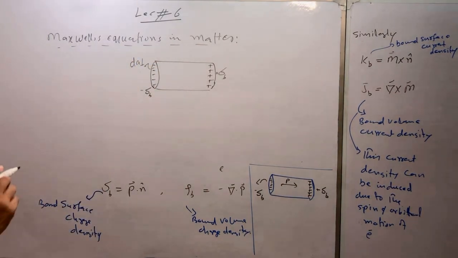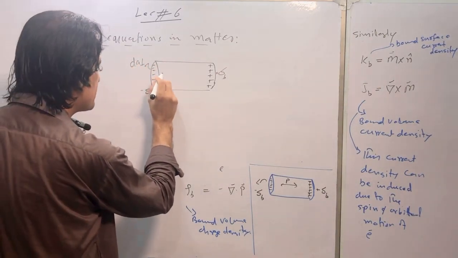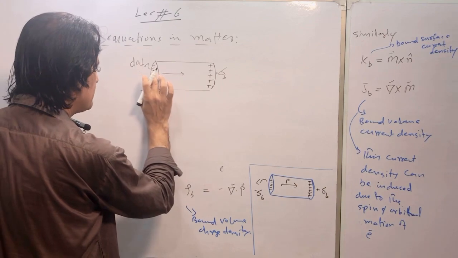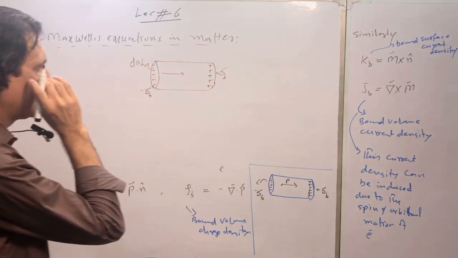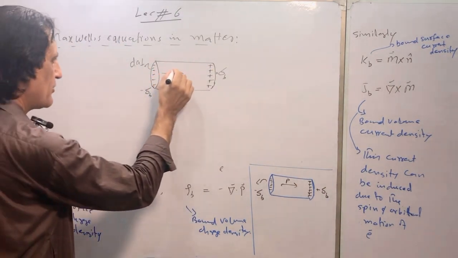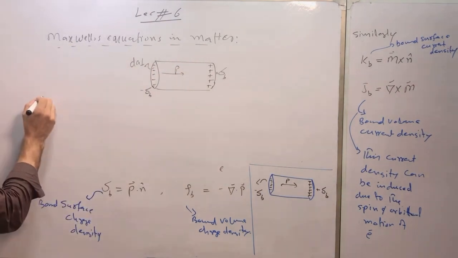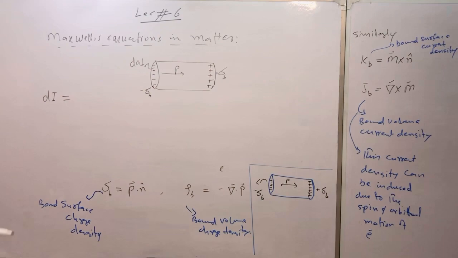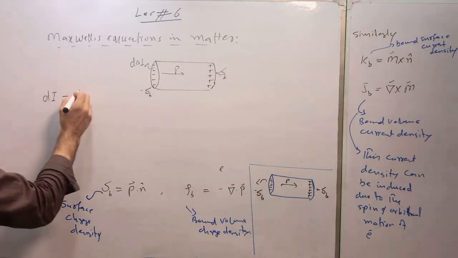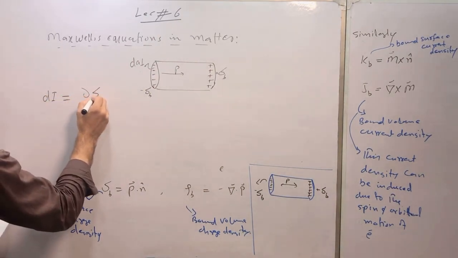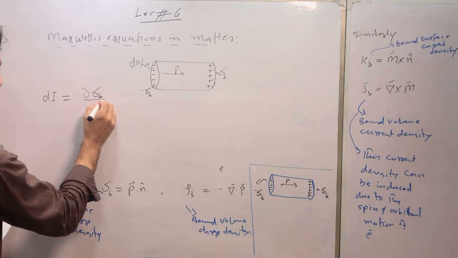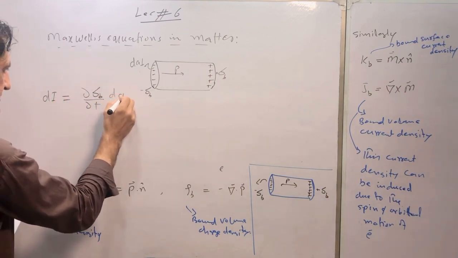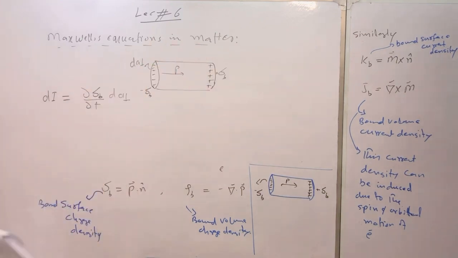and if these charges start some motion from here to here in this polarization, then we can get a current. The change in this current must equal the rate of change of bound surface current density through some surface perpendicular to this surface.